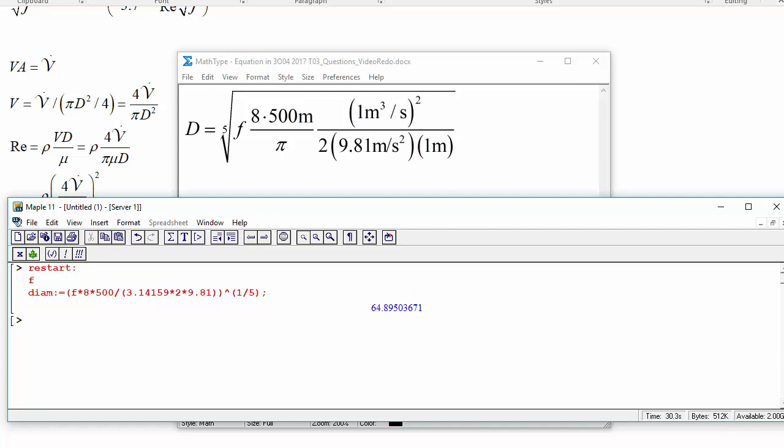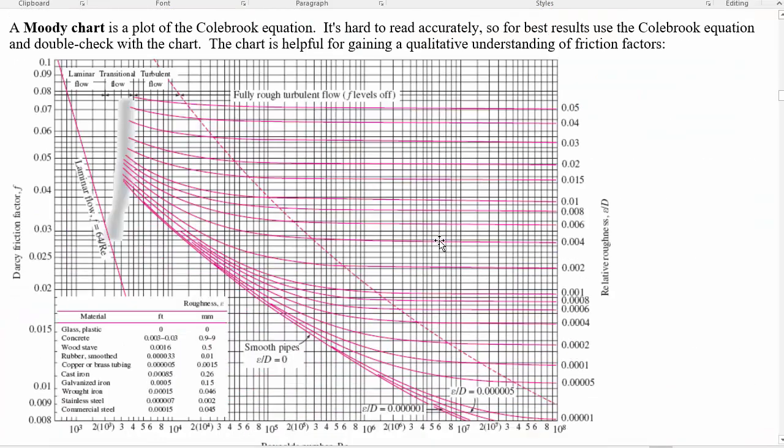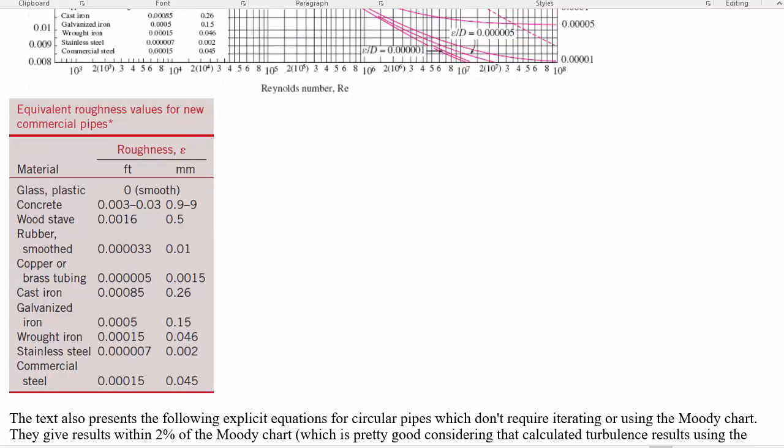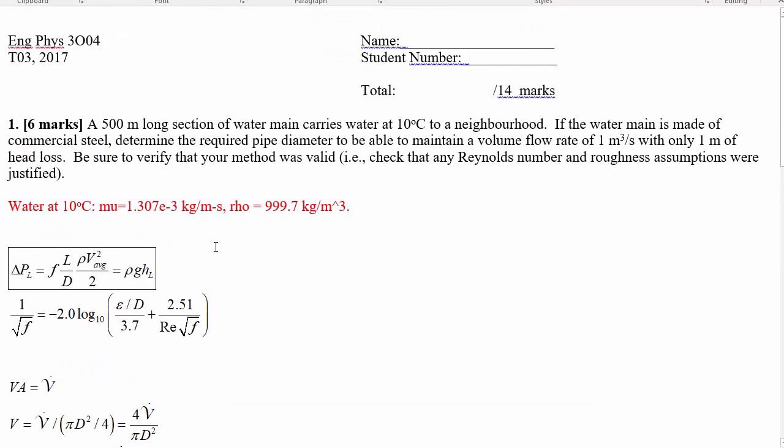If we go over to the chart, then you see friction factors range from 0.01 for very smooth pipes. If the roughness is higher, then we're forced to have higher friction factors. And in the roughness chart, I think, did they say in the question this is a steel pipe? Commercial steel. Okay.